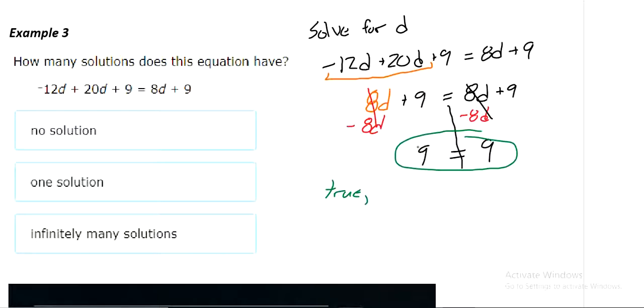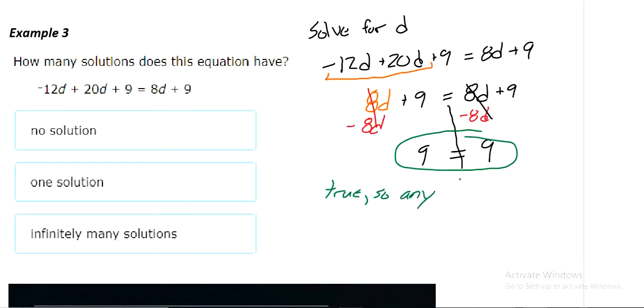So in this case, this means that any value that I substitute in for d would give me a true solution. We'll actually write that out.